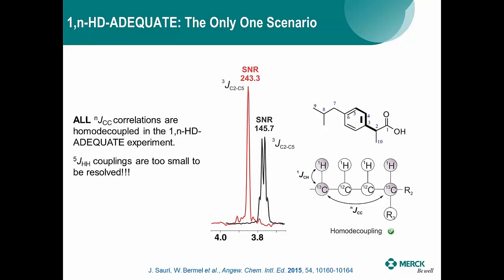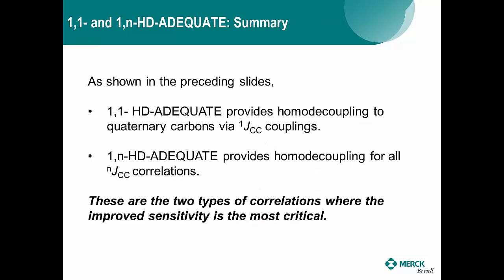So this is how the HD-ADEQUATE versions of these experiments work. As a summary, we have the 1,1 HD-ADEQUATE that provides full homodecoupling for quaternary carbons, and the 1,n HD-ADEQUATE provides homodecoupling for all the correlations.